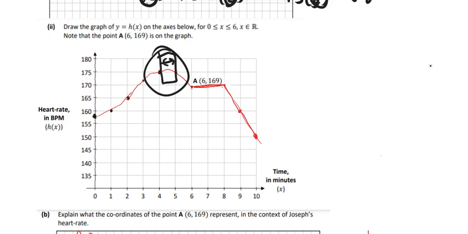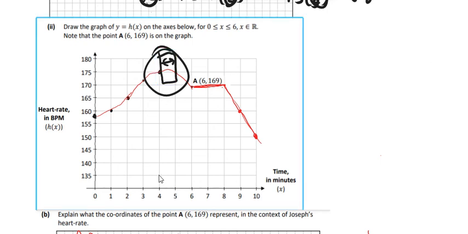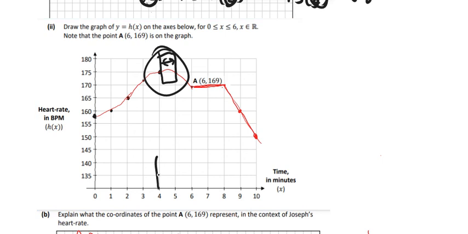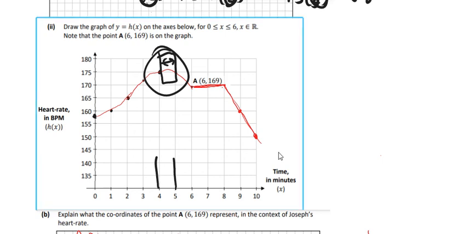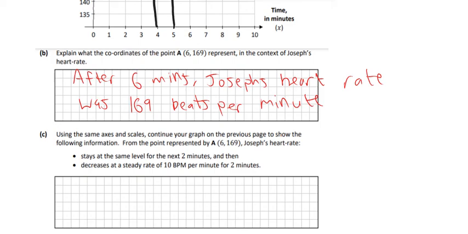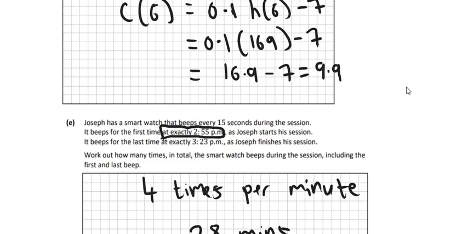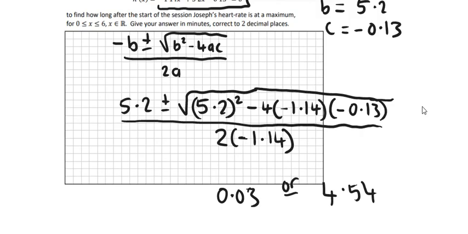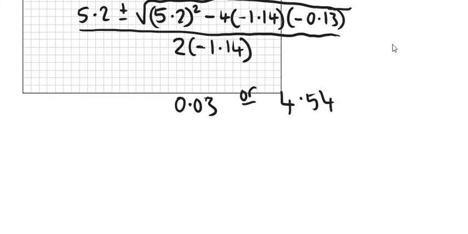So it's 4 point something, between 4 and 5 minutes, if you look down at the bottom. Therefore it has to be the answer with 4 in it. It has to be 4.54. It can't be 0.03 because that's way back at the start. It's definitely not a maximum there. So 4.54 minutes.